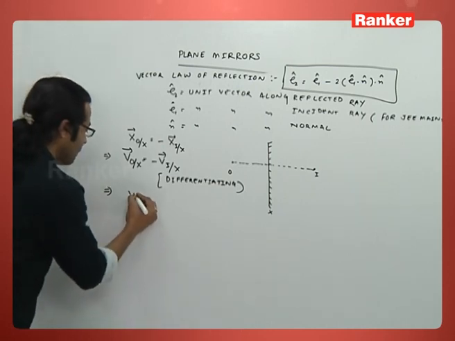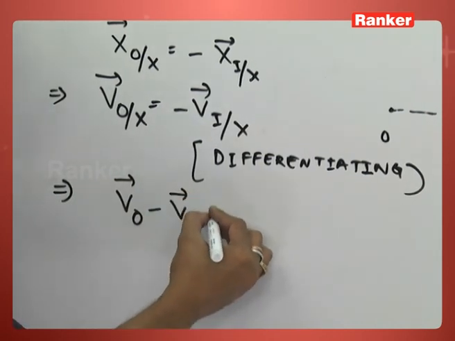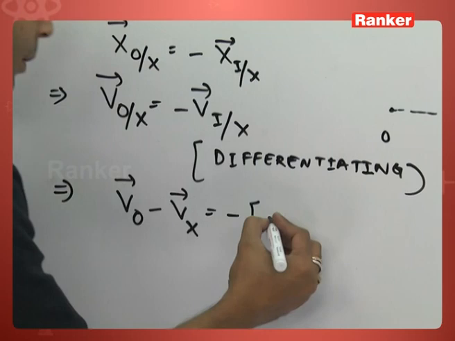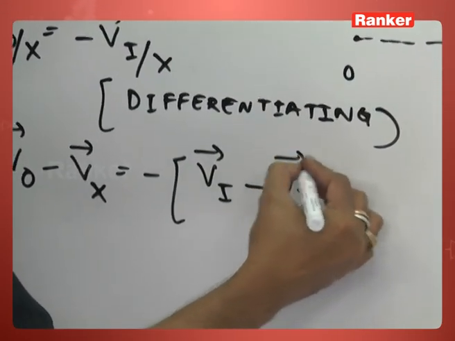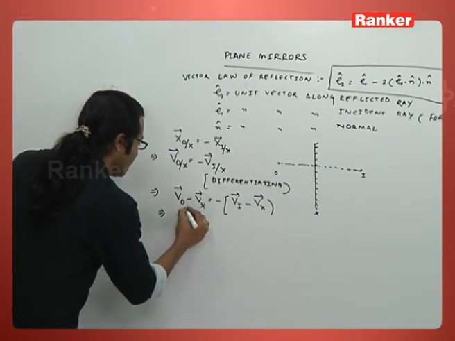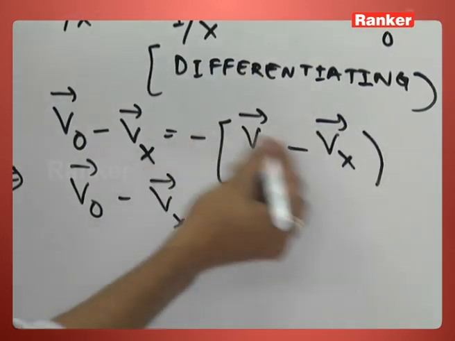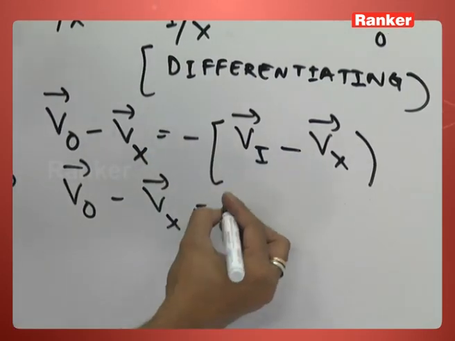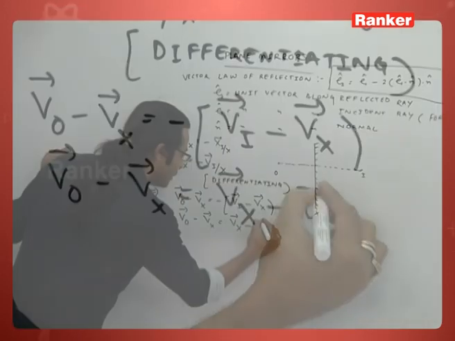So this will be velocity of o minus velocity of x, I take minus common, this becomes velocity of I minus velocity of x. So here I write like this, velocity of o minus velocity of x, I take the negative side inside, so this is velocity of x minus velocity of I.